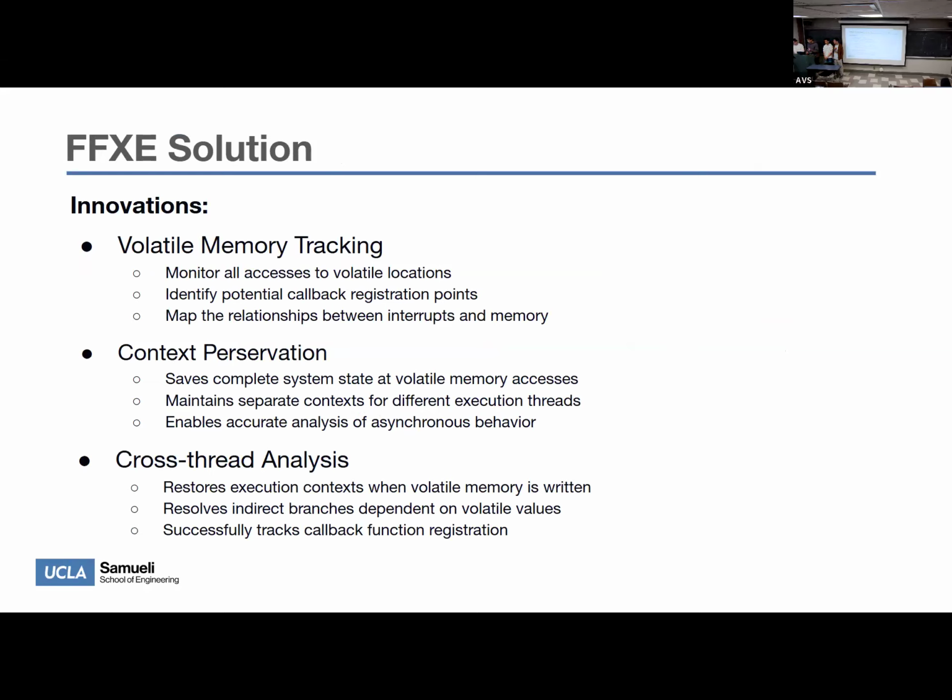It captures the system status at critical memory access points. And the third one is cross-thread analysis. It connects these pieces by restoring the relevant execution context when the volatile memory is written to. So this combination makes FFXE very effective.